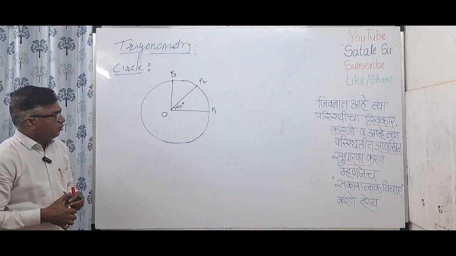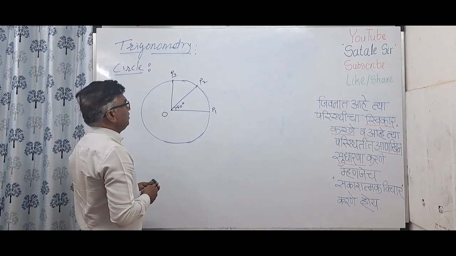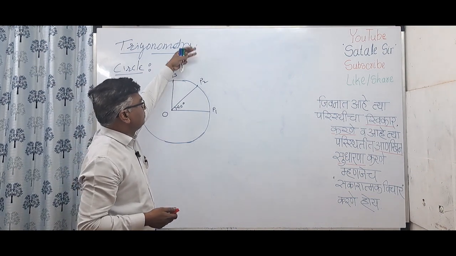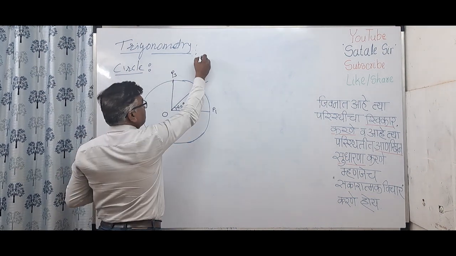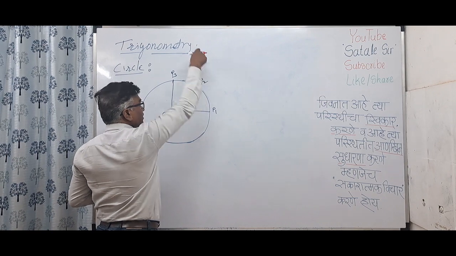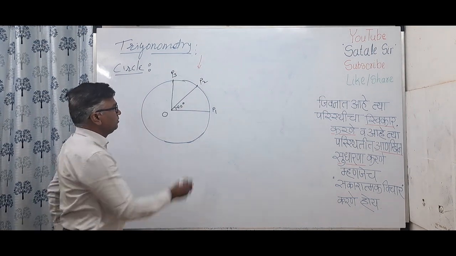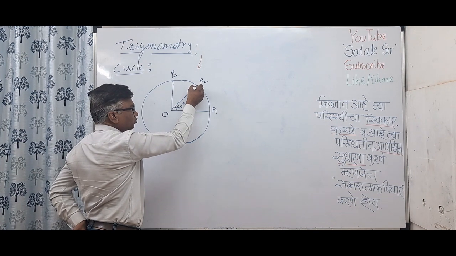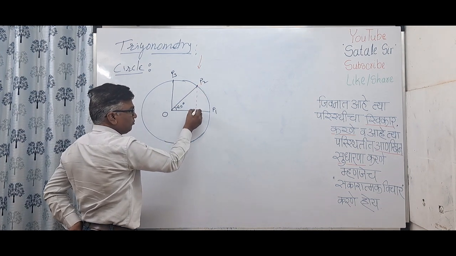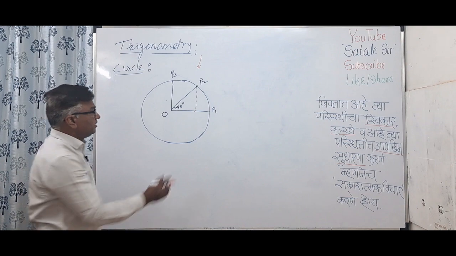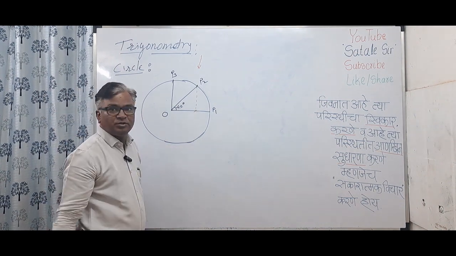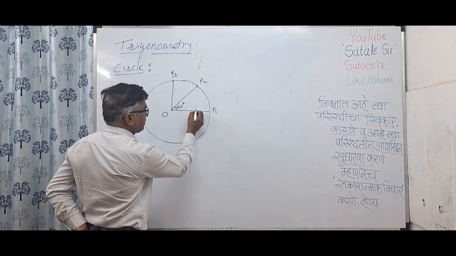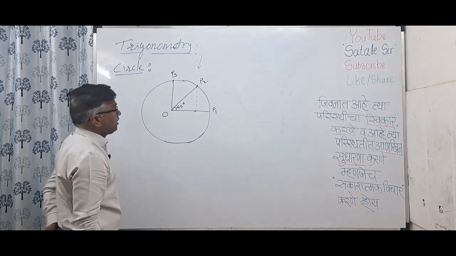So for that, projection means what? If I look from this side, or if I put a torch here like this, then the shade of this point P2 falls on this line somewhere here. This is called the projection of this point P2.